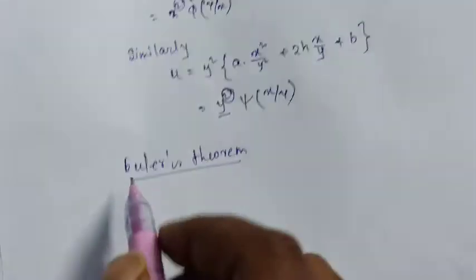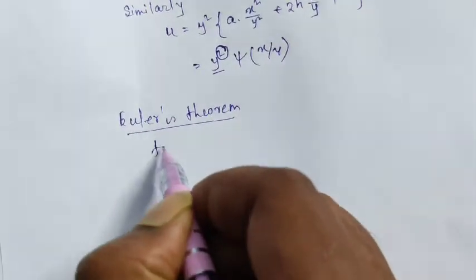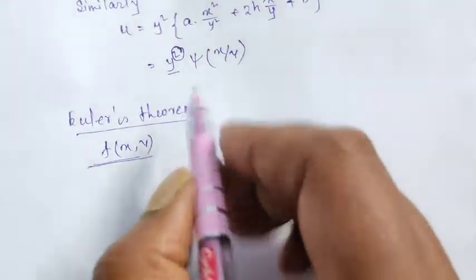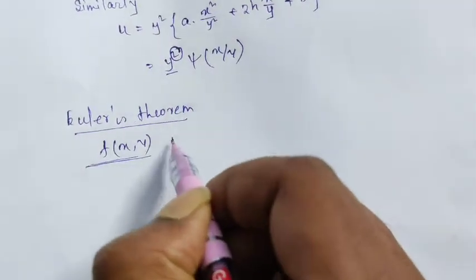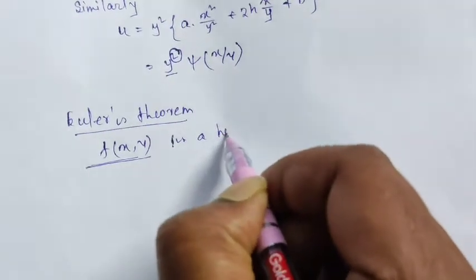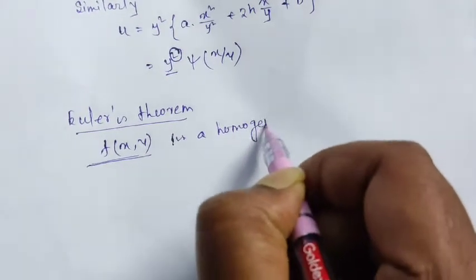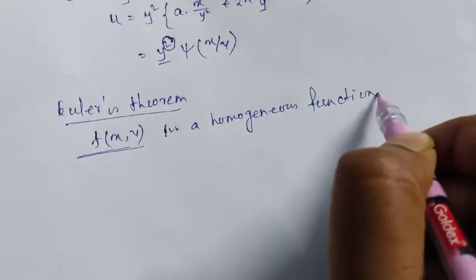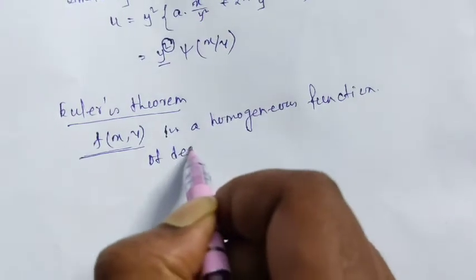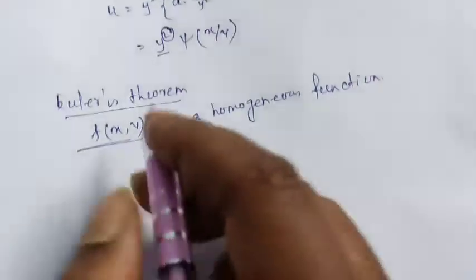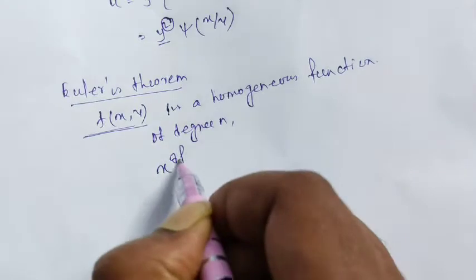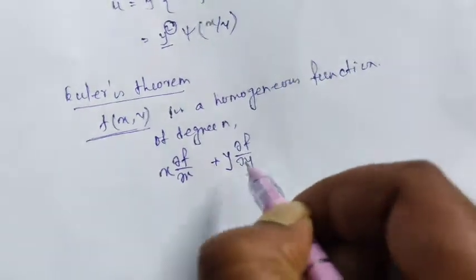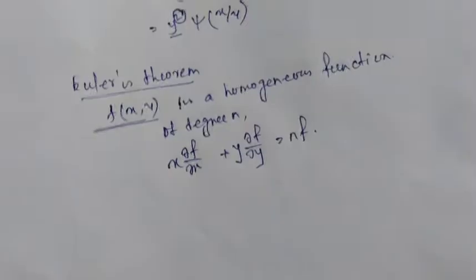If we consider a function f of xy, and this is a homogeneous function of degree n, then we can write that x del f del x plus y del f del y is equal to nf.